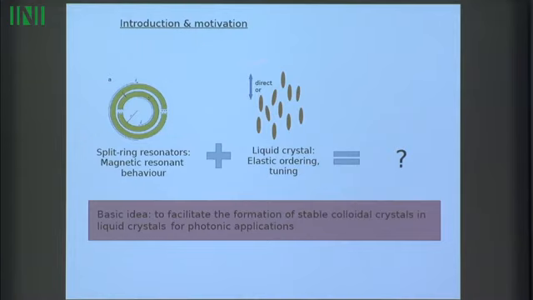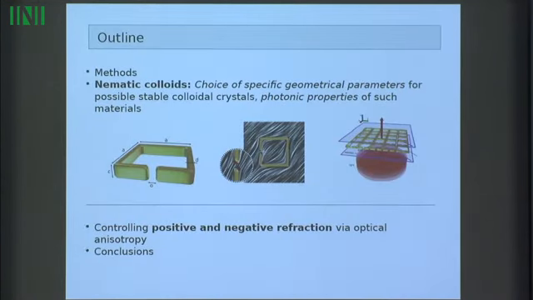So we want to facilitate the formation of some stable colloidal crystals, but the main focus is for photonic applications then. So the outline of this talk: firstly, I'll just briefly go through the methods, then what I've been talking about up until now, so the choice of specific geometrical parameters for the split ring, and then the photonic properties of such materials.